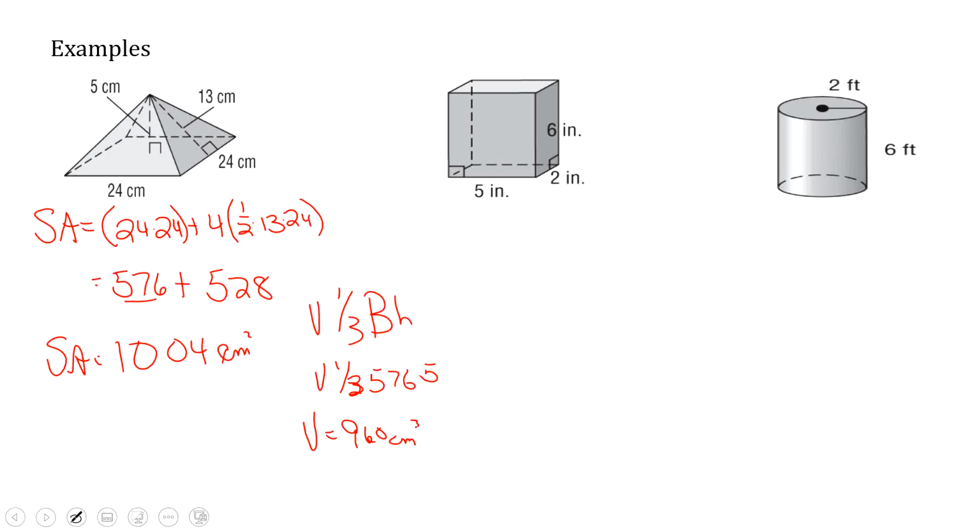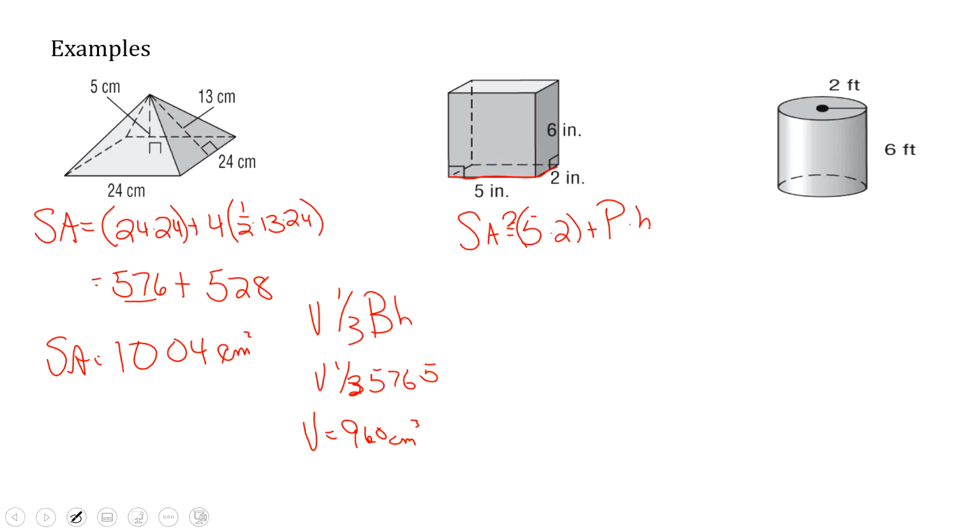Surface area of the box is all the faces added together. So I'm going to kind of cheat a little bit. My base here is 5 times 2. I have two bases, the bottom and the top, so my surface area is going to be 5 times 2 times 2, plus what I'm going to call my perimeter times my height.